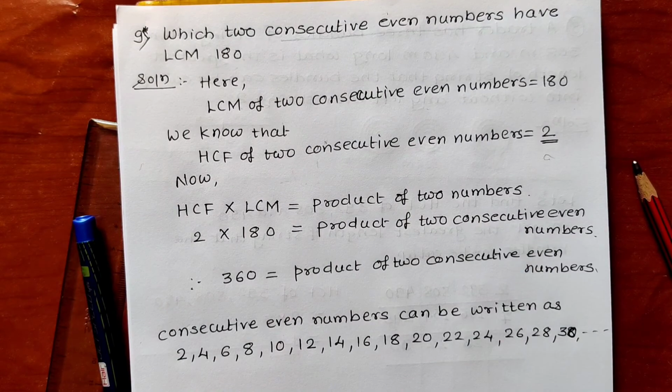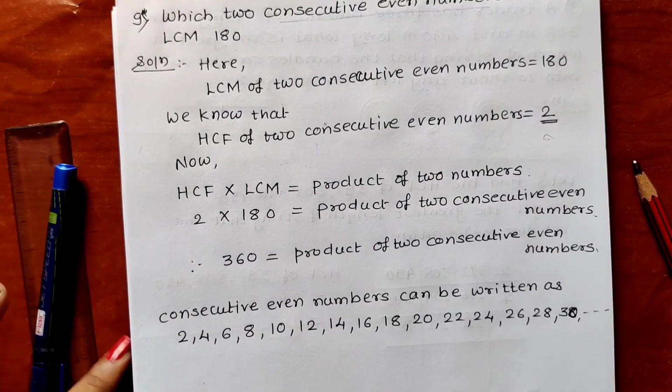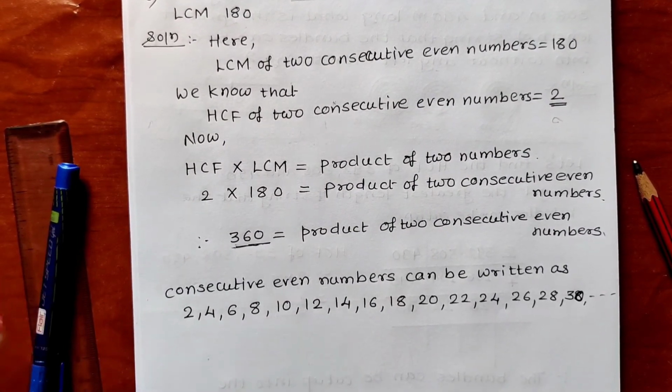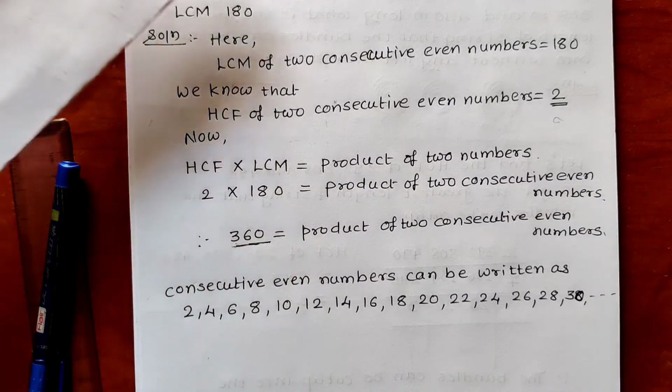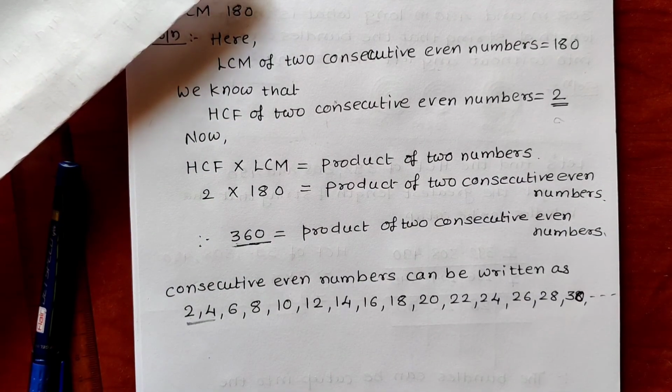Now let us find out which two consecutive even numbers have a product of 360. Let us check one by one. 2 into 4, 2 fours are 8, very small.